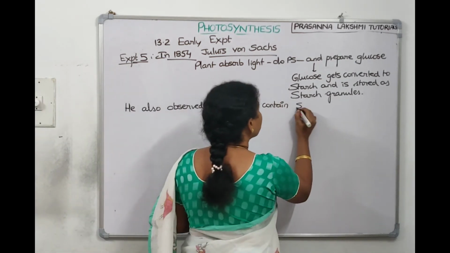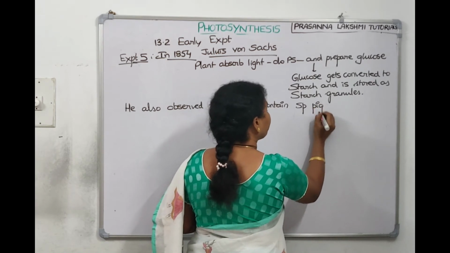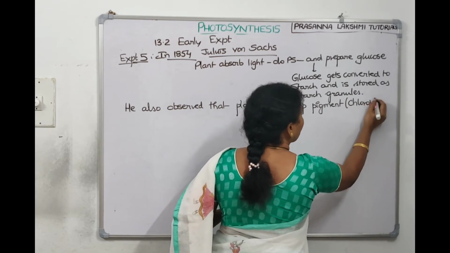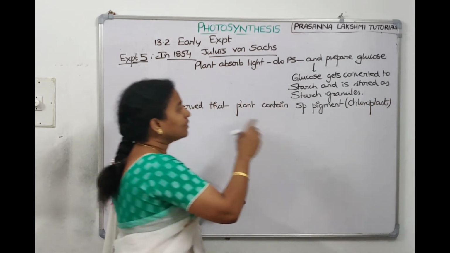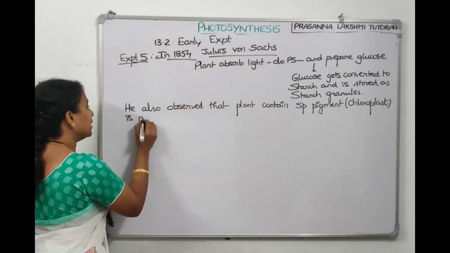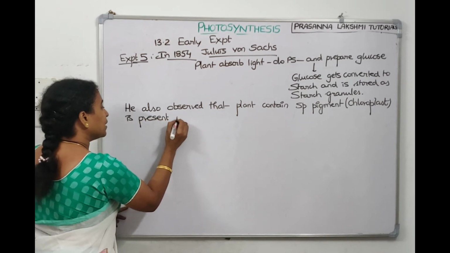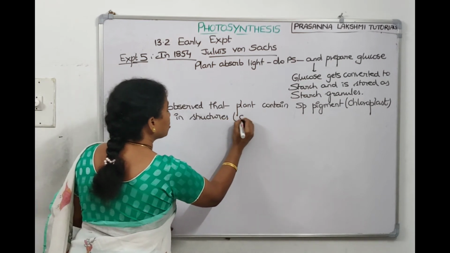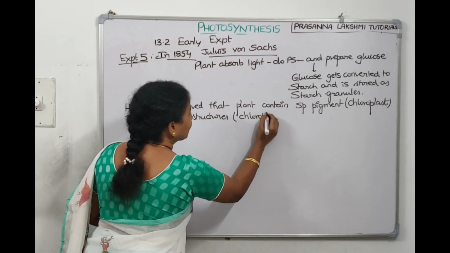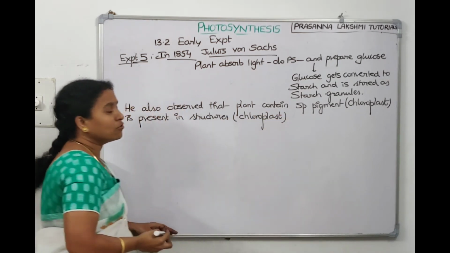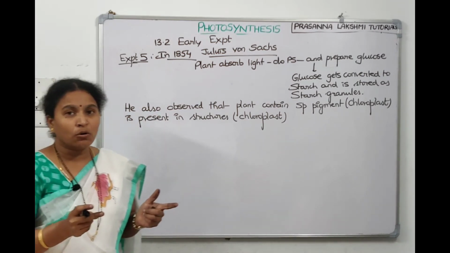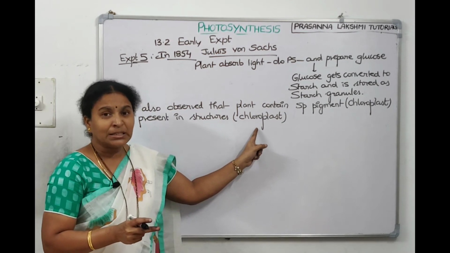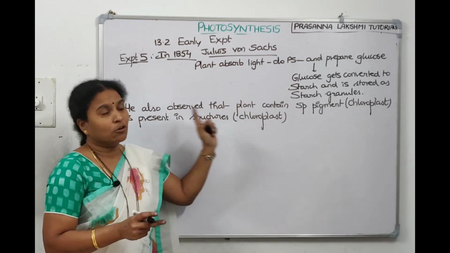Plants contain a special pigment. What is that special pigment? We now know it is chlorophyll. He told that this special pigment is present in structures. What are those structures? We now know that those structures are called chloroplasts. He told that the starch is prepared here in the chloroplast and starch is stored in the chloroplast.